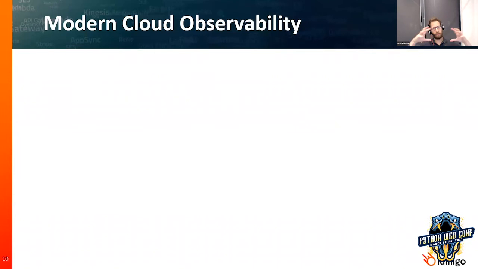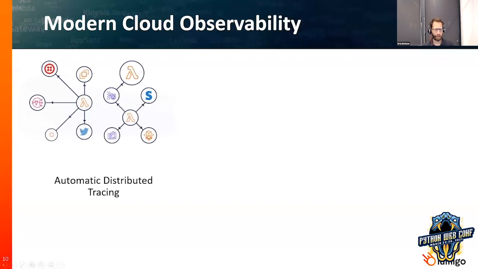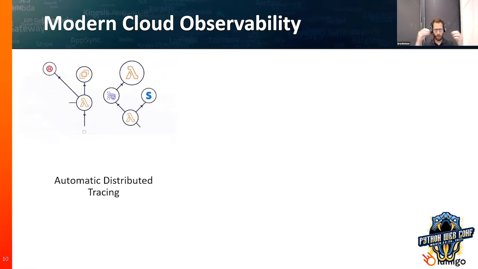One is, because we talked about how distributed microservices and managed services are, and because there are hundreds of those, a critical part is distributed tracing. And not just distributed tracing that will basically allow you to connect the dots and understand how services are communicating with each other.